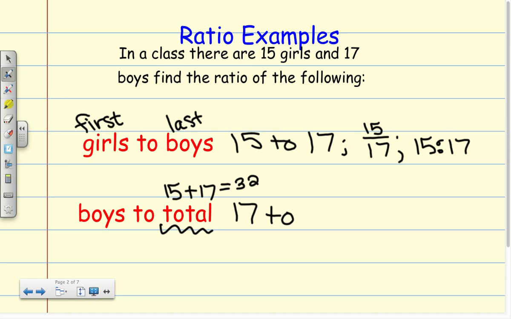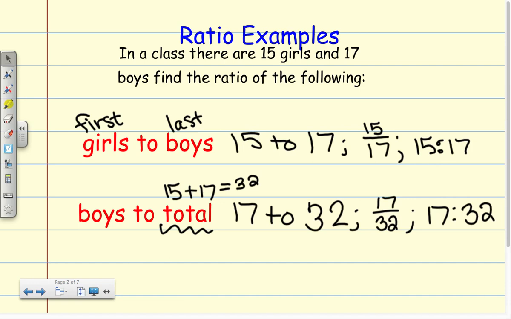So I have 17 to 32. Can I simplify that? No, I can't. What's another way to write it, class? 17 over 32. And then the colon, 17 colon 32. Those are other ways to write it. Very good.